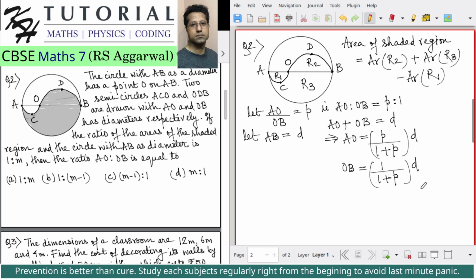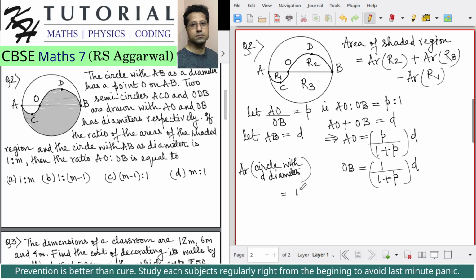The ratio of the area of the circle with AB as diameter and the shaded region is given to be 1:m. So what is the area of the big circle with AB as diameter?